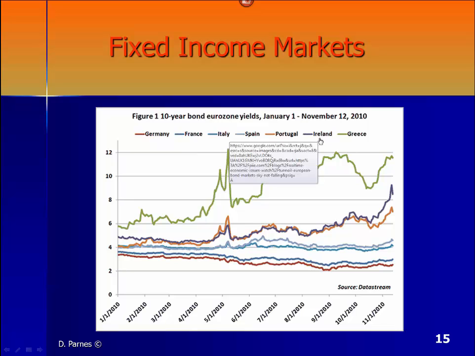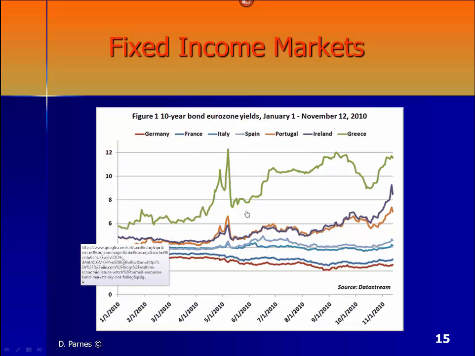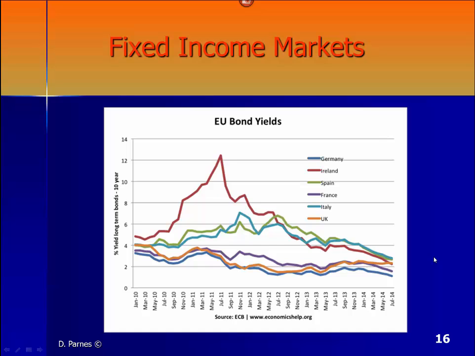Ireland, by the way, is also in a lot of trouble. They have a lot of debt, but Greece is one of the countries that is definitely in a serious situation here. You can see how volatile the yield in Greece is, the green line, and this is just in the year 2010.